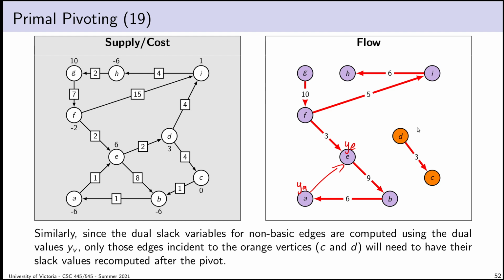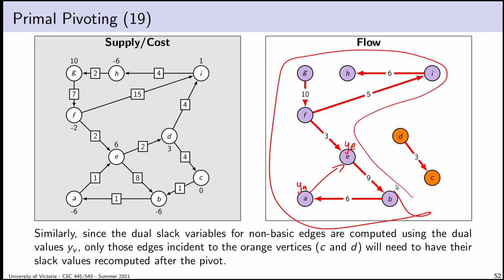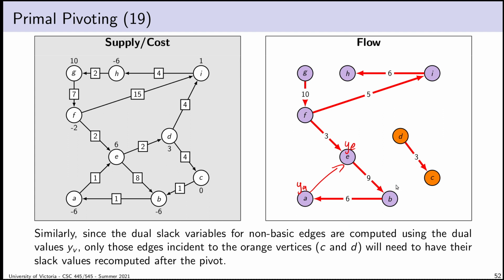So not only do I not have to recompute the dual optimization variables for the vertices that are not cut off from the root by my leaving arc, I don't have to recompute dual slack variables either unless the edge is incident to at least one of the things in the component that got cut off. So only those dual slack variables where one endpoint of the arc is incident to these orange vertices need to be recomputed.